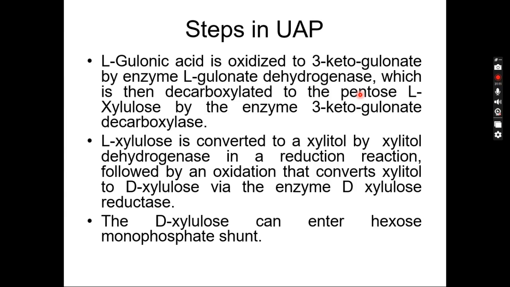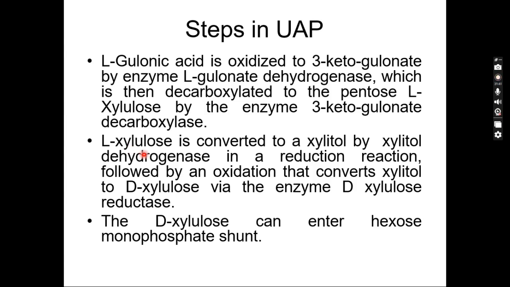But when it comes down, it becomes a pentose sugar, which is a 5-carbon sugar. This is because at this stage there will be a decarboxylation, okay, the removal of one carbon, and what will be produced is carbon dioxide and a pentose sugar, which is the pentose L-xylulose, okay. The enzyme involved is 3-keto-gluconate decarboxylase.